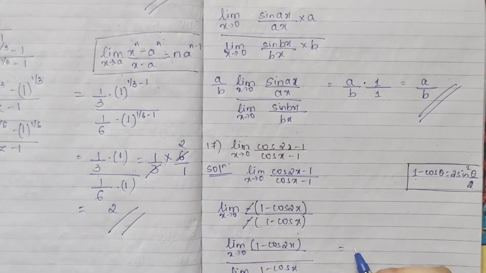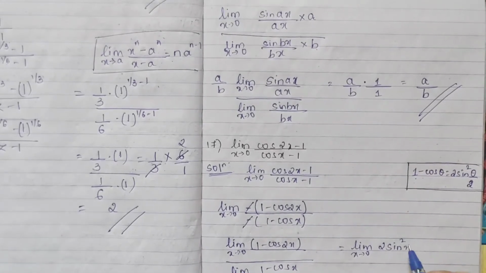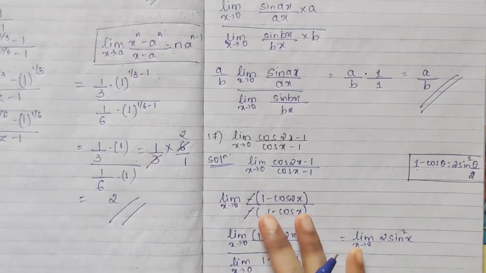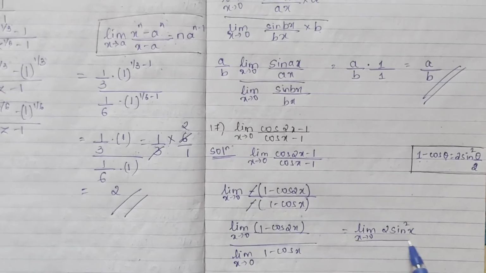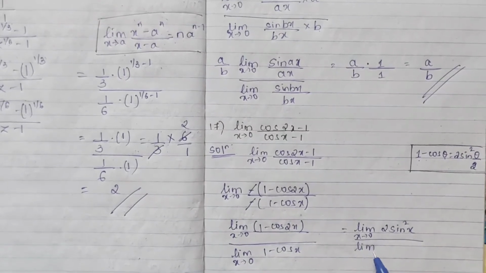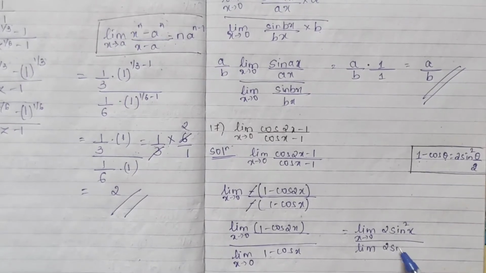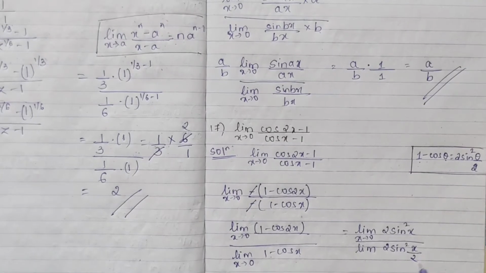So 1 minus cos 2x is nothing but 2 sine square x, right, because here it is 2x, so its half is x. Divided by, again, limit 1 minus cos x is 2 sine square x divided by 2, its half, as x tends to 0.